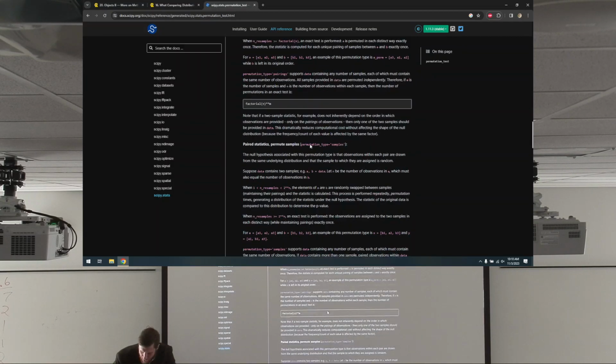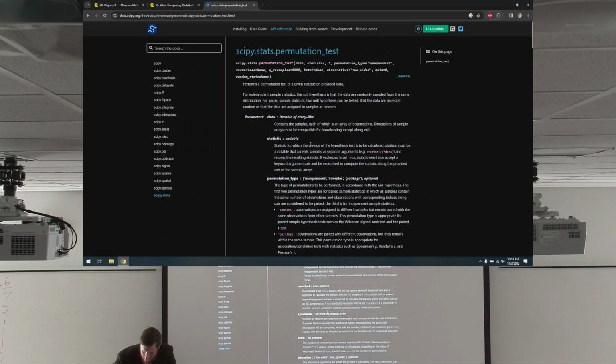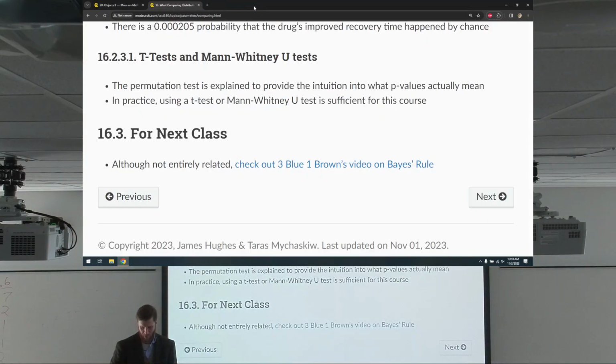Yeah, so there is, oh, look at that. It's even a nice distribution. So you can do it. There's a built-in function to do it in scipy.stats, but it does require one more step than doing just a Mann-Whitney U test or a t-test.